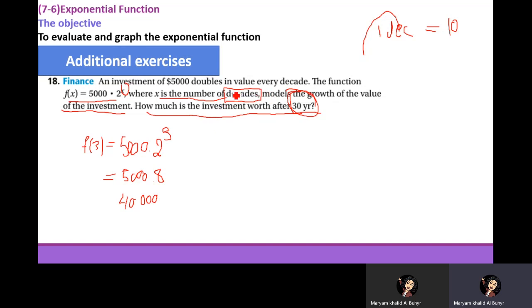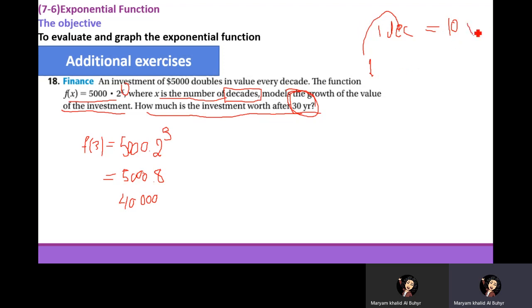I just want you to know this in case I did not tell you anything about decades. Decade means 10 years, and it's represented by x. So they gave me 30 years, and I'm going to convert. If you remember, how can we convert from big to small? We convert from big to small by division.